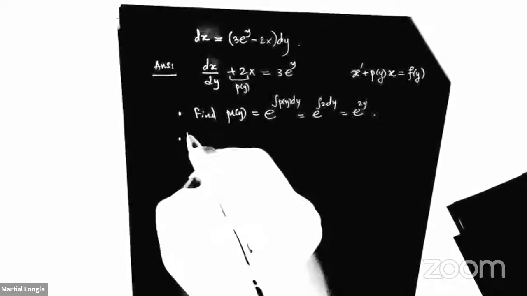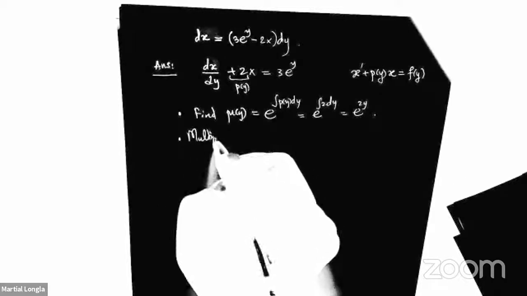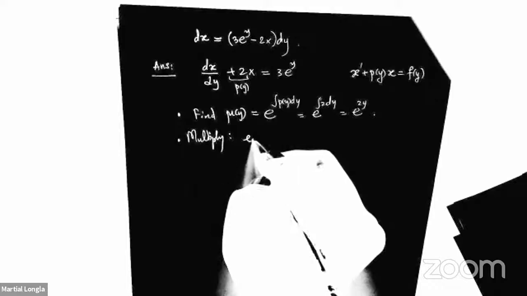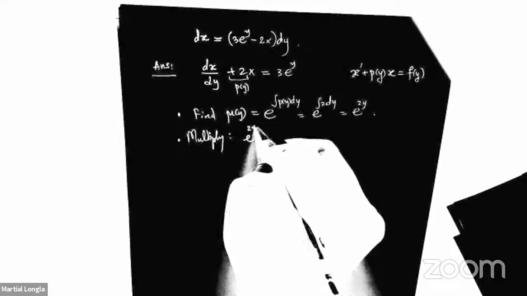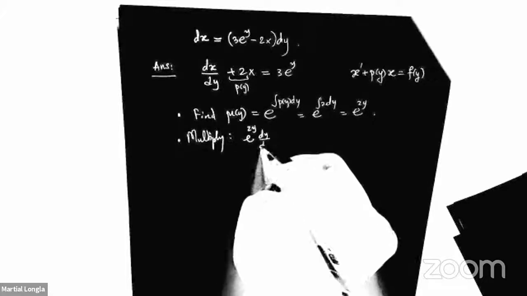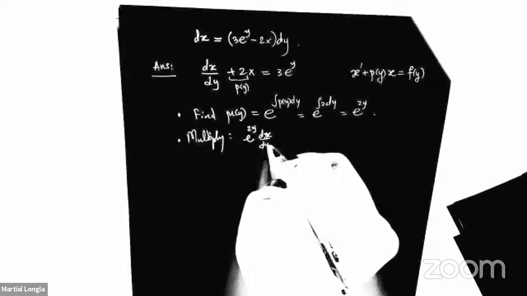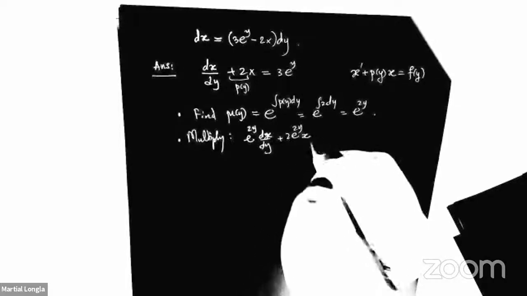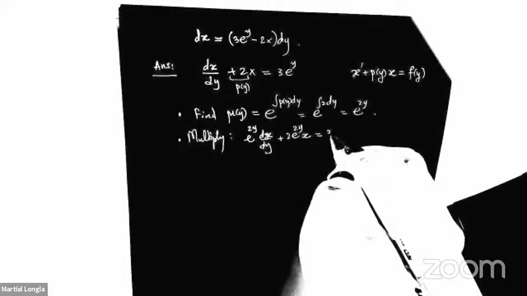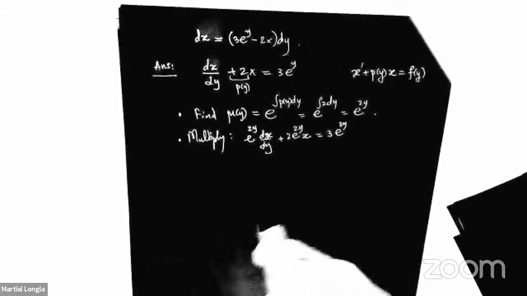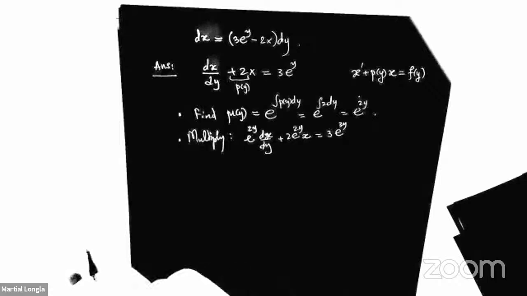Next, we multiply the whole thing by mu of y. So we get e to the 2y dx over dy plus 2e to the 2y x equals 3 e to the 3y, because e to the 2y times e to the y is e to the 3y.